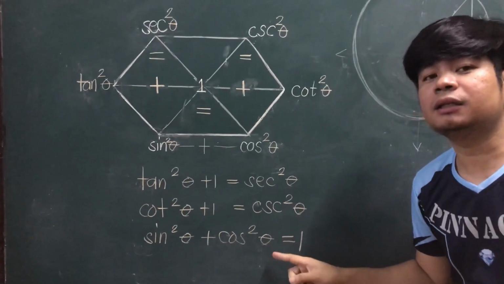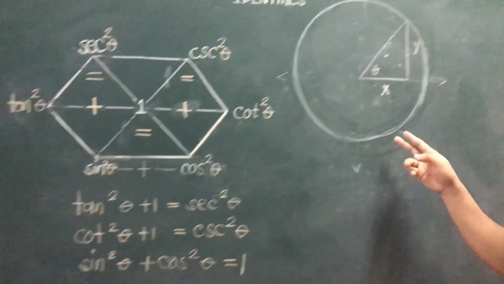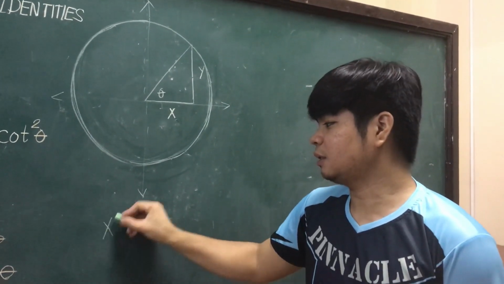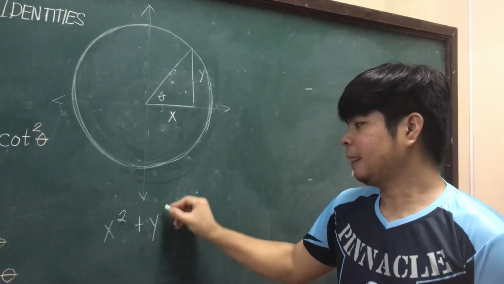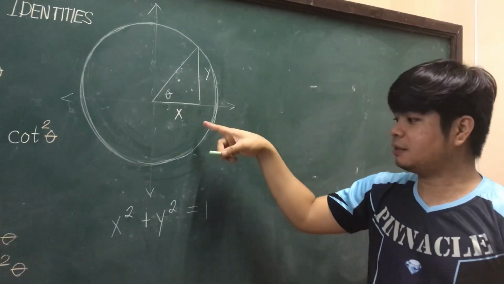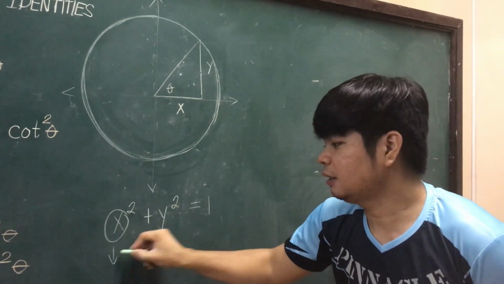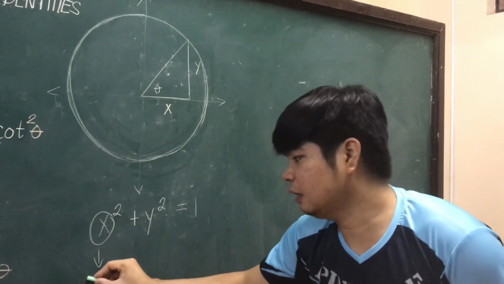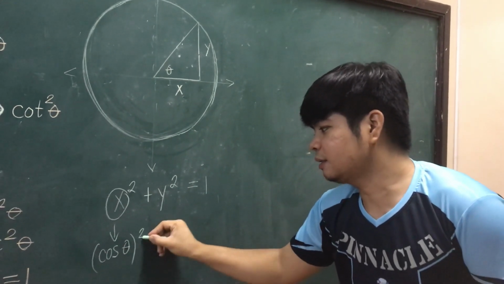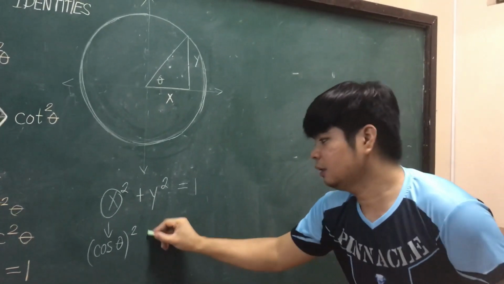These Pythagorean identities can also be supported using the idea of the equation of the unit circle. We know that the equation of the unit circle is x squared plus y squared is equal to 1. We also know that x here is cosine theta, so we have cosine of any angle theta, and then there's a square here, so cosine squared theta.